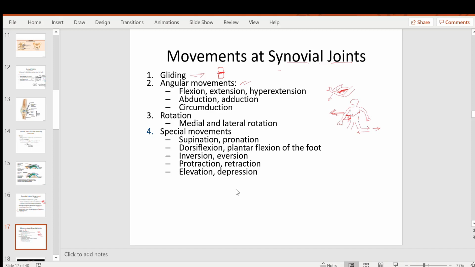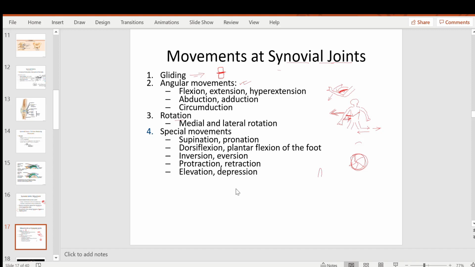Okay, circumduction. If I ask you to draw a circle on the board, the movement that occurs in your shoulder, that is called circumduction. Rotation. In rotation, the axis doesn't change. In circumduction, the axis changes. But in rotation, the axis will not change.